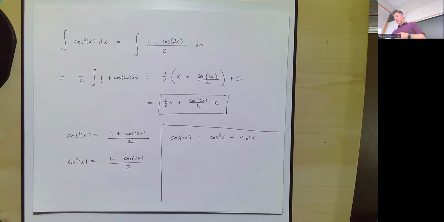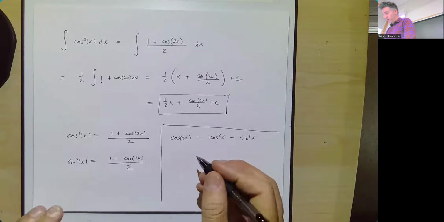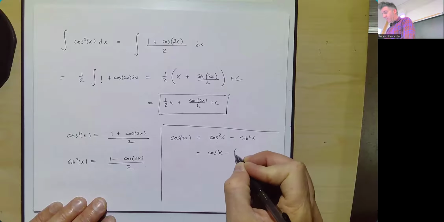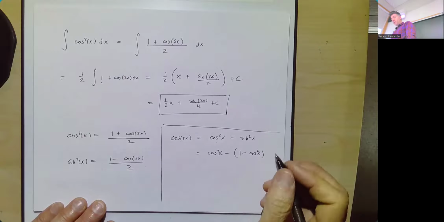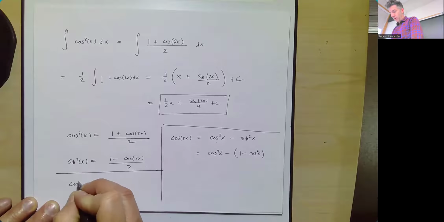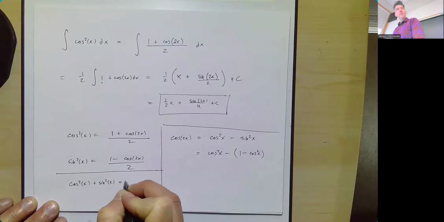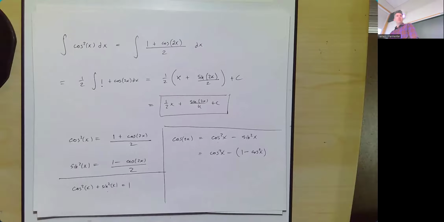Depending on which one I want, for example, if I want the cosine squared one, I'm going to replace sine squared with a trig identity, which is 1 minus cosine squared. So I'm actually using another trig identity also: cosine squared of x plus sine squared of x is equal to 1. Or in this case, sine squared is equal to 1 minus cosine squared.